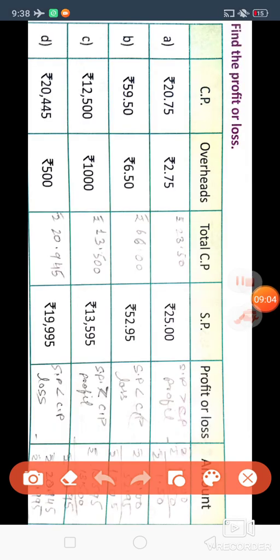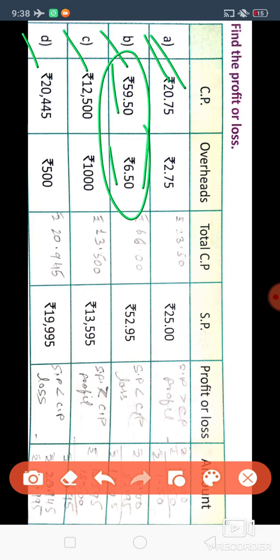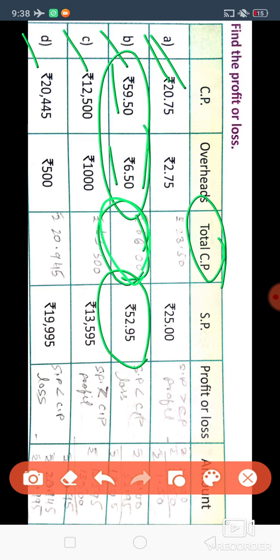Okay children, so just now we have discussed question number 3A. In the same way you'll do questions B, C and D. CP is given, overhead is given, both you'll add, so you'll get total cost price. Then you'll see whether selling price is greater or total cost price is greater. Whichever is greater, according to that you'll write.